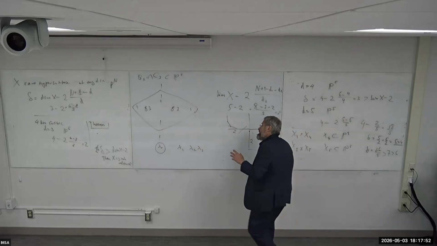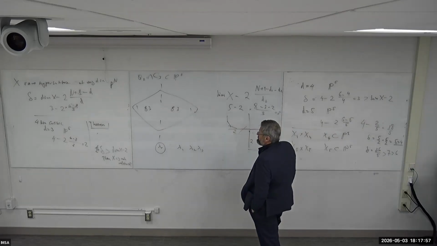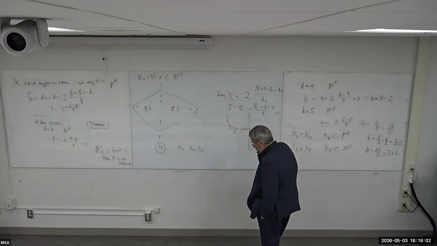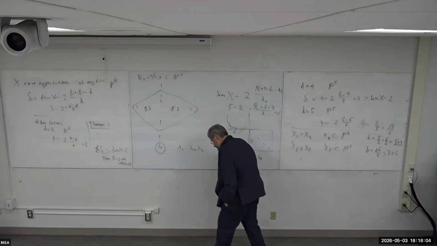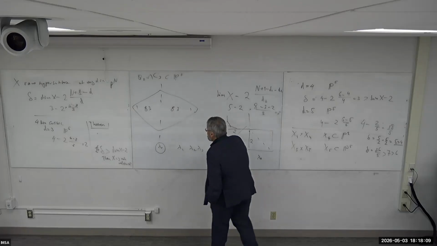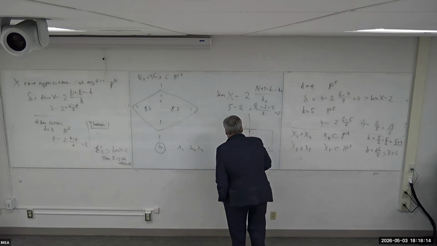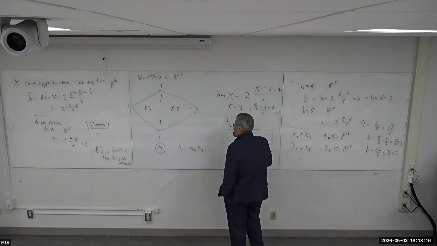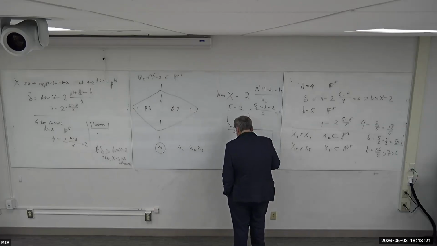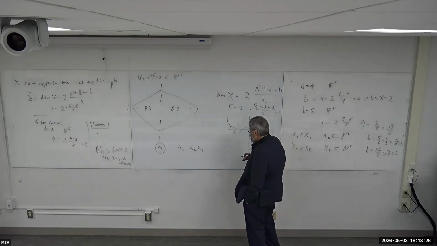So it's a little bit of a modification of the argument for the three-dimensional cubic, sorry, four-dimensional cubic, but with some use of minimal model program and this counting of information of this curve.